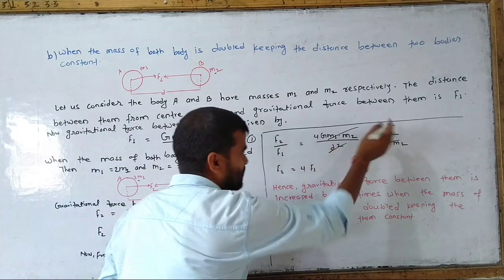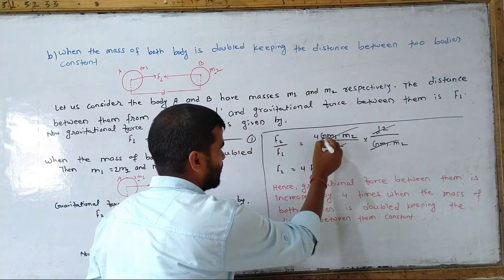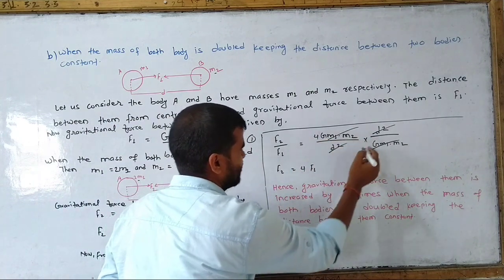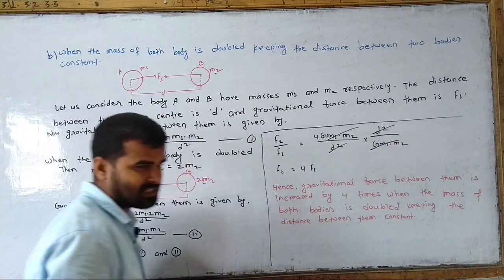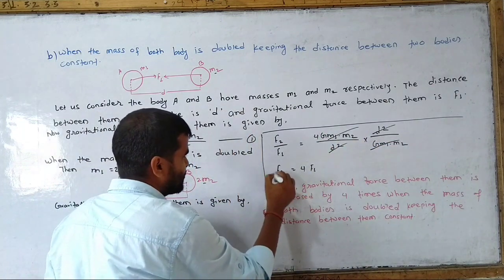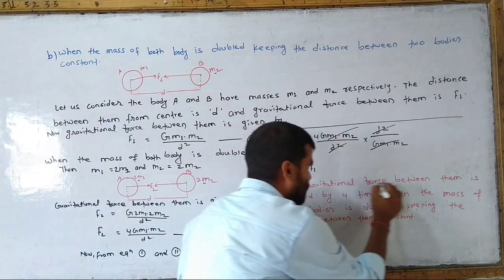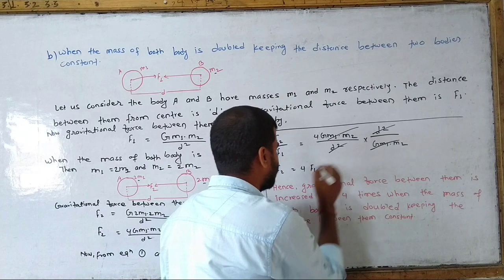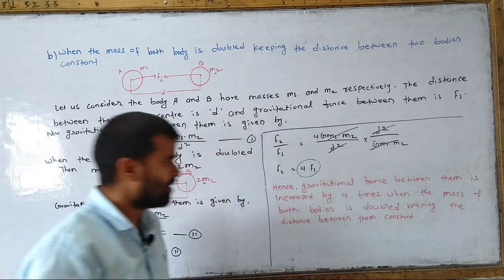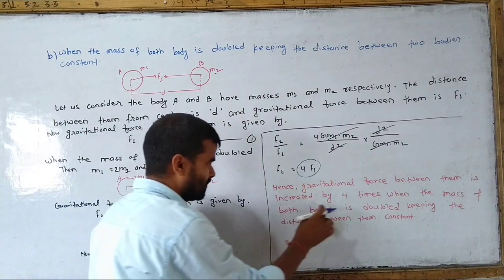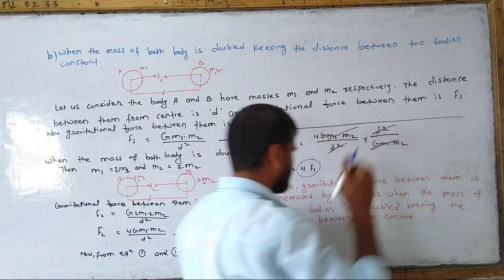The d square cancels, G m1 into m2 also cancels, and we get F2 equals 4F1. Hence the gravitational force between them is increased by 4 times when the mass of both bodies is doubled, keeping the distance constant.